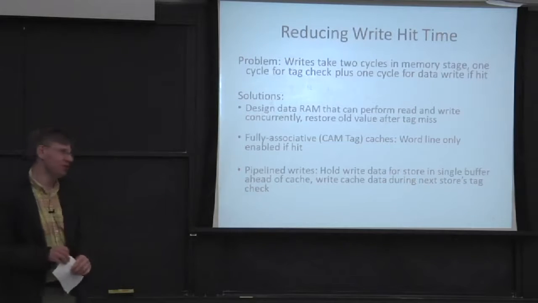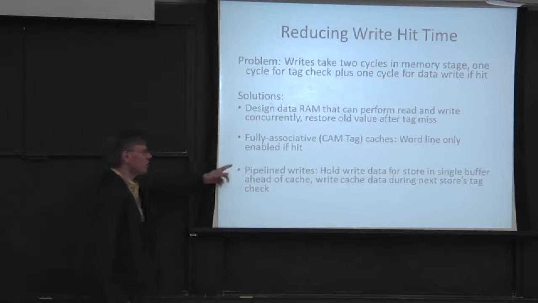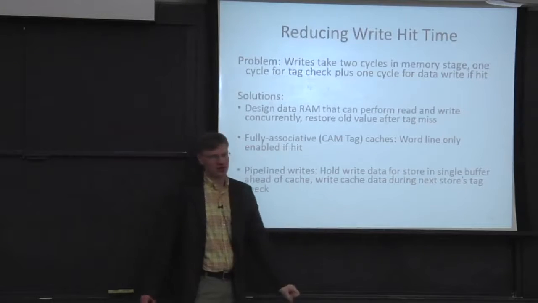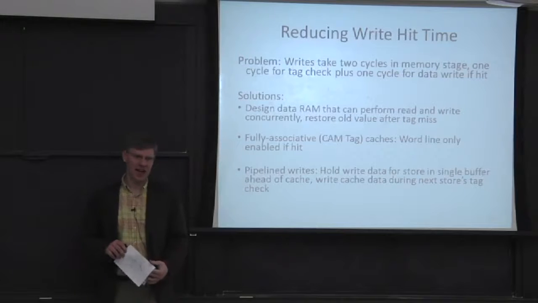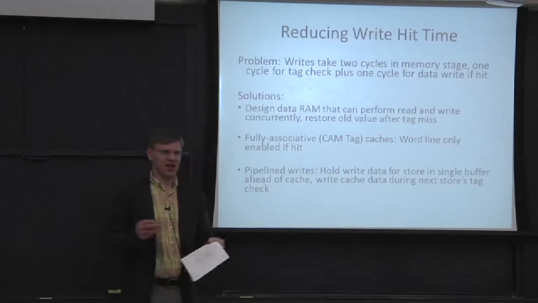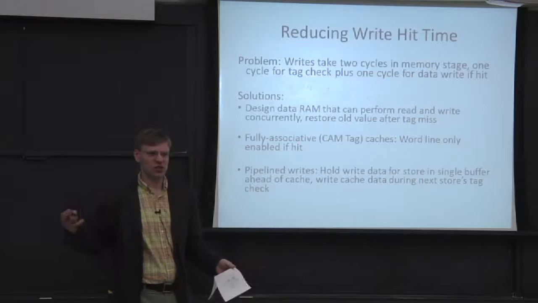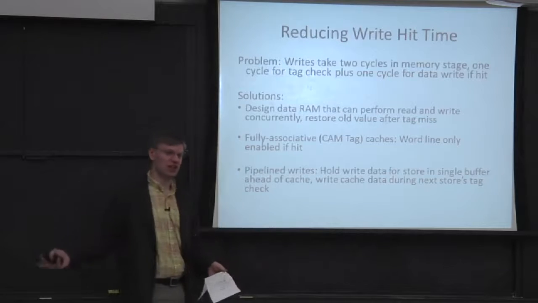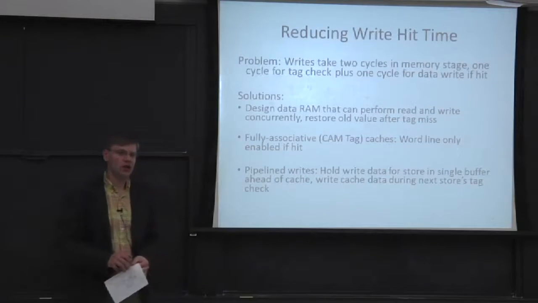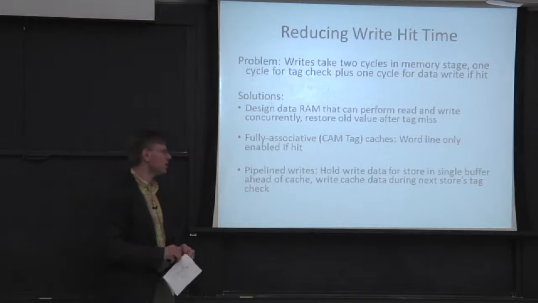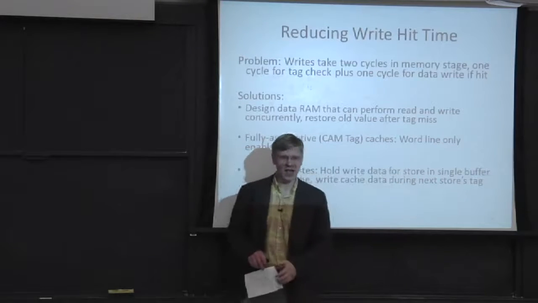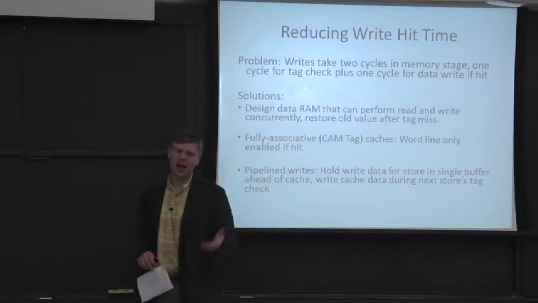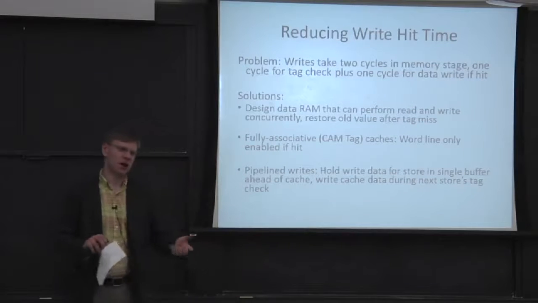Another solution is trying to build a fully associative cache. Now, what do I mean by a fully associative cache? Well, I mean a cache which has lines such that you can store to any location in the cache. And in those structures, typically the tag check and the access are kind of done in parallel.